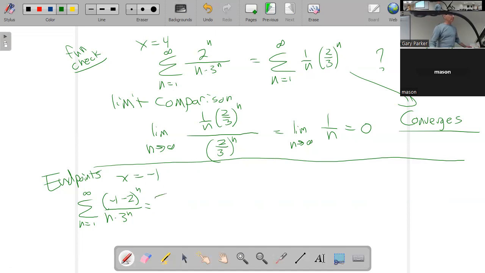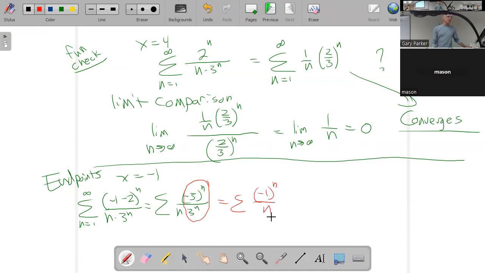So I have the sum of (-3) to the n over n times 3 to the n. I can clean this part up. That's really (-3 over 3) to the n, which is really (-1) to the n. So then this becomes the sum of (-1) to the n over n.